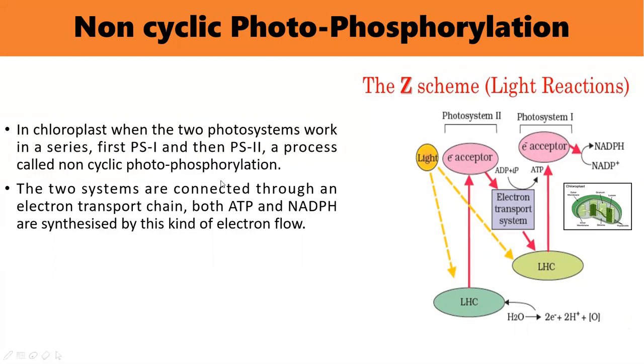These two photosystems work in a series, first PS1 and then PS2. The two photosystems are connected through an electron transport chain, as you can see here. So both ATP and NADPH are synthesized by this kind of electron flow.